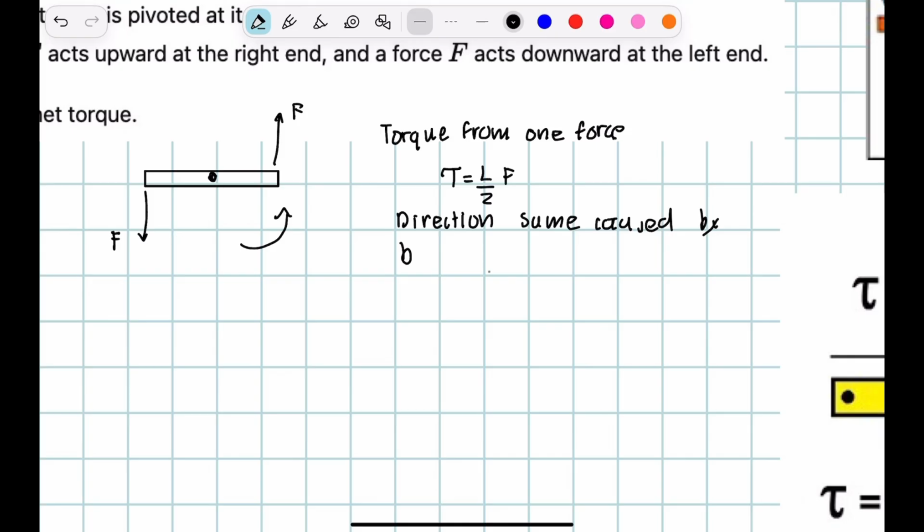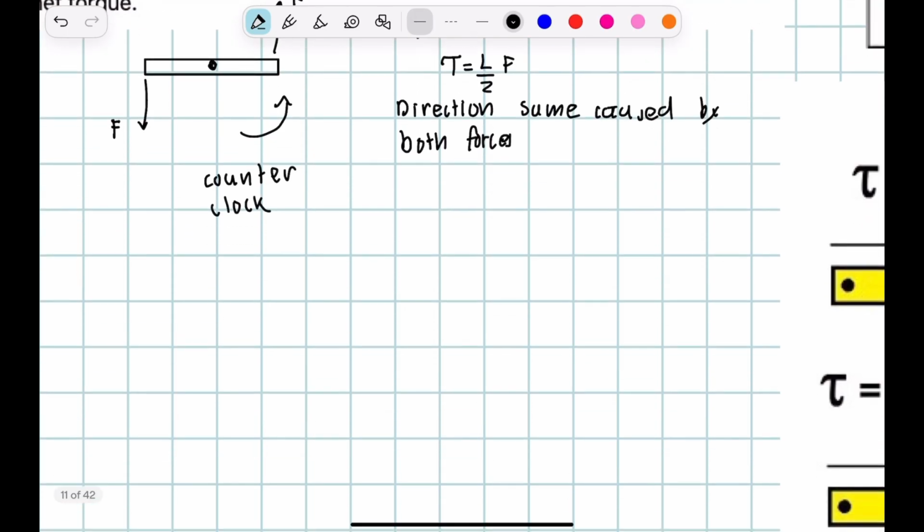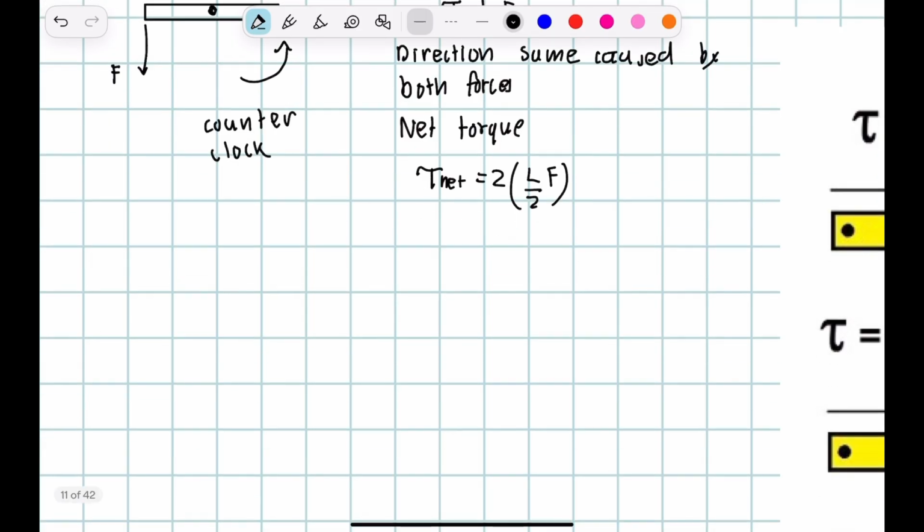So essentially, they're both going to make it go counterclockwise. So therefore, we can calculate that the net torque, tau net, is just equal to 2 times L over 2 times F. Therefore, tau net is just equal to L F. Torque doesn't cancel.